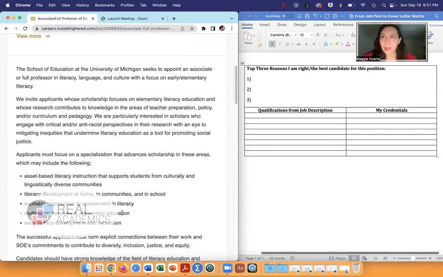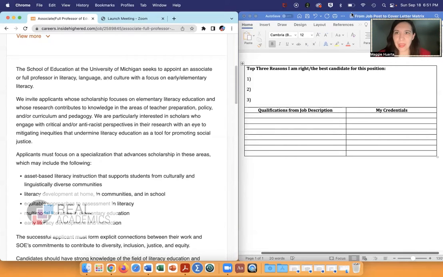So I'm going to walk you through how to read it carefully using a template that I created as a first step to helping me formulate my thoughts and see how the description and myself go together or not.